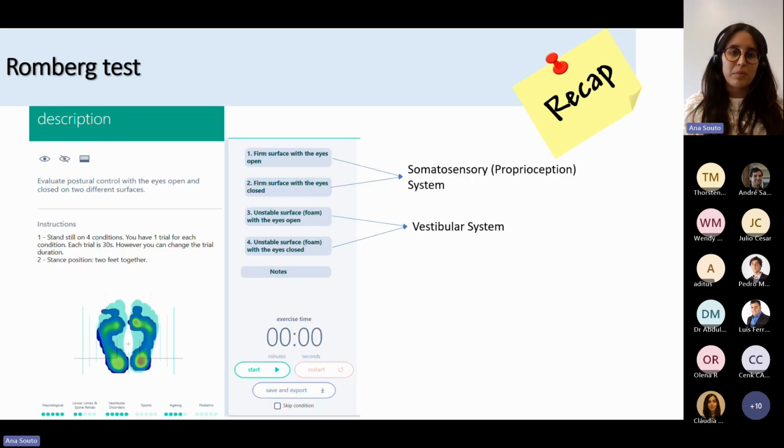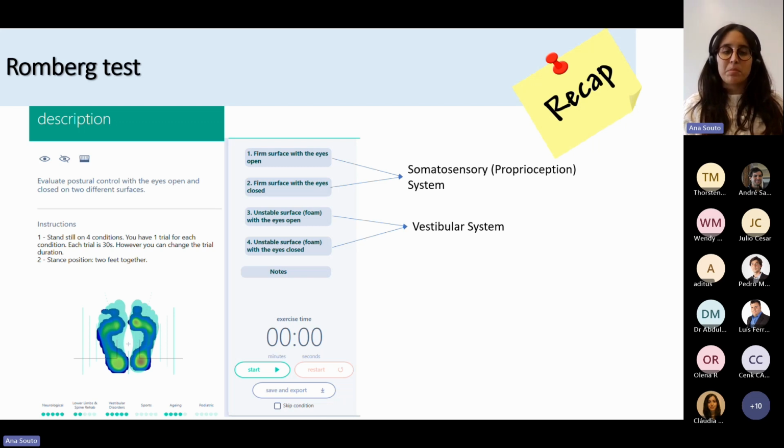And then the Romberg test, which is very well known. For our Romberg test, in our software, we have 4 conditions, okay? Each condition takes 30 seconds to complete. The first and the second conditions are performed with the patient standing on top of the plate, so the plate counts as a firm surface.